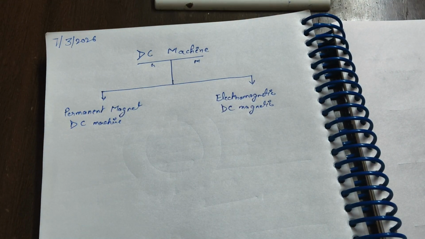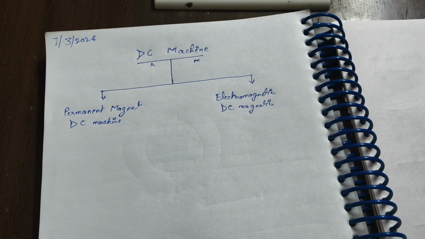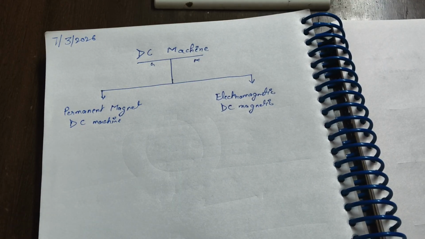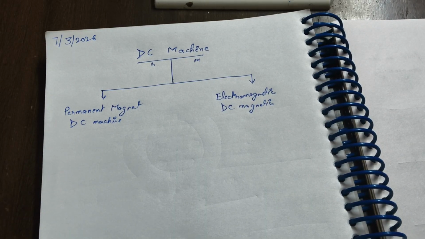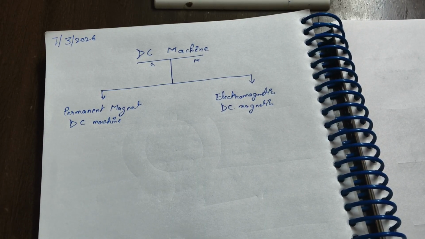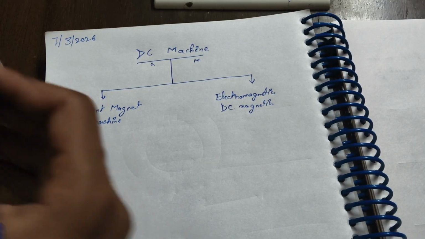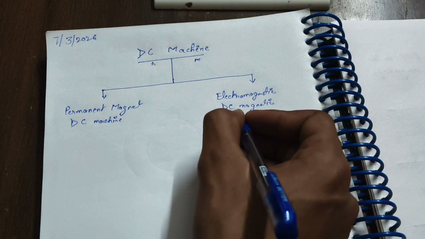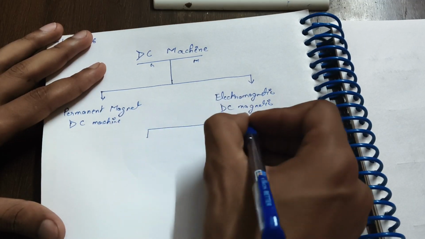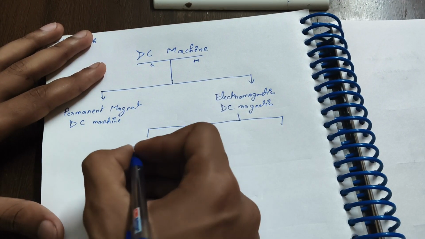The electromagnetic DC machine is the one which has a field winding. When we connect the supply to the field winding, which is located on the field poles, the flux is generated in the field poles and then the armature conductor cuts that. The electromagnetic DC machine is further divided into two parts.